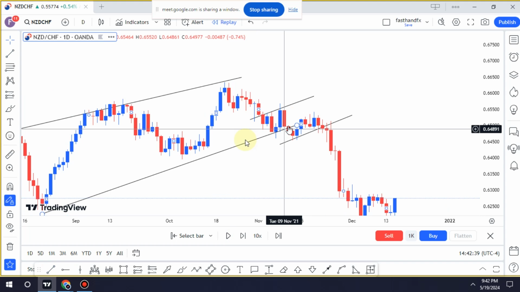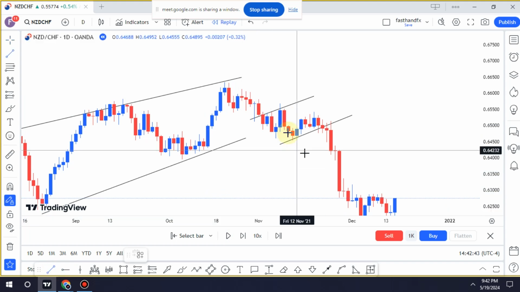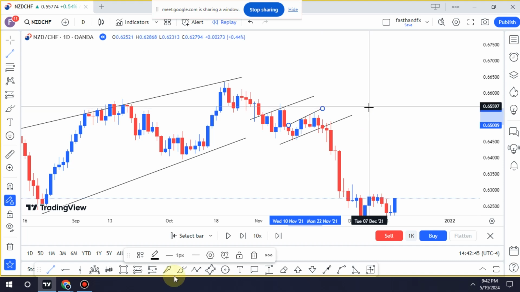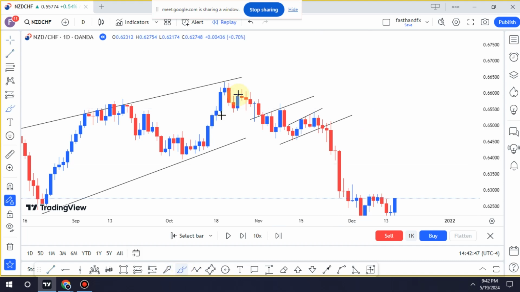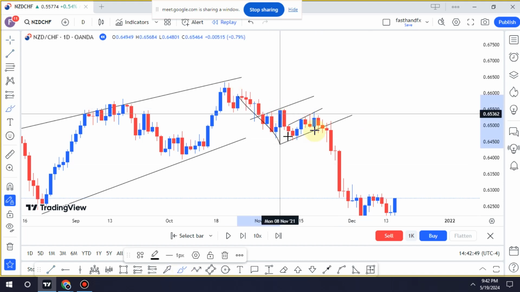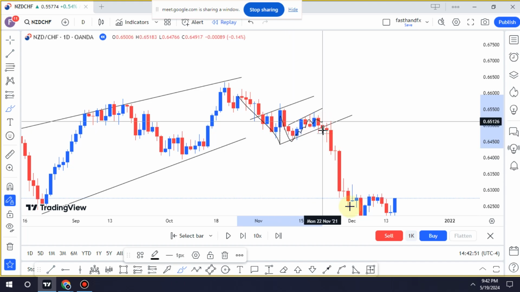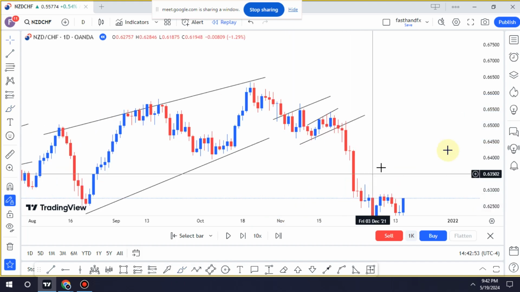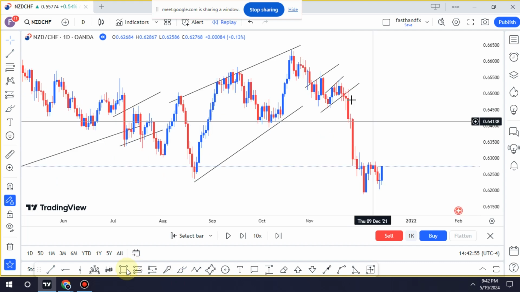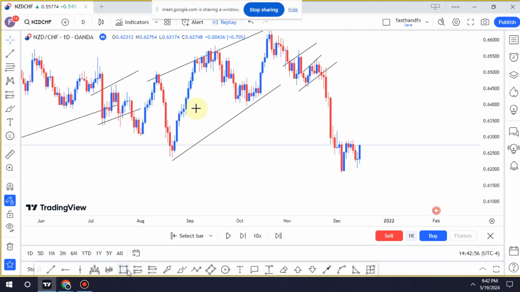Let's have it right here. So you see we have a mini version. I don't know if you guys can see that. We see it broke, then did this, then started playing around here, then that's when it broke. So that was a good opportunity for a sell entry, and of course targeting this level.